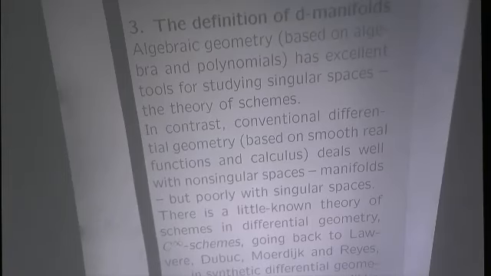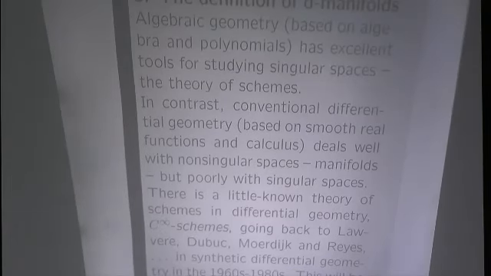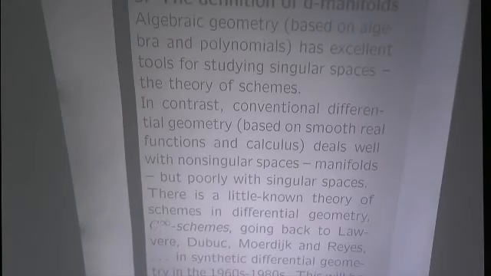So now let's talk about how we define these. Algebraic geometry, which is based on algebra and polynomials, has excellent tools for studying singular spaces, namely the theory of schemes. On the other hand, ordinary differential geometry, which is based on smooth real functions and calculus, is very good at dealing with non-singular spaces, namely manifolds, but on the whole it deals poorly with singular spaces.